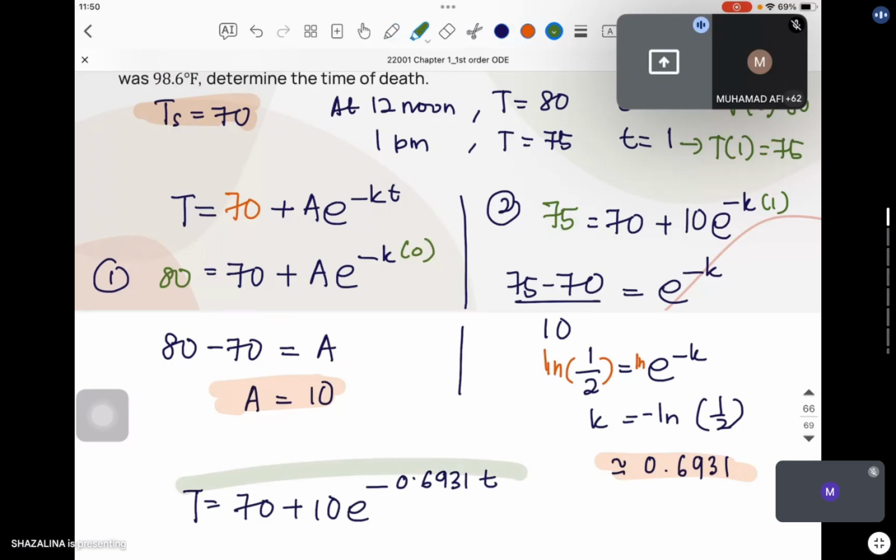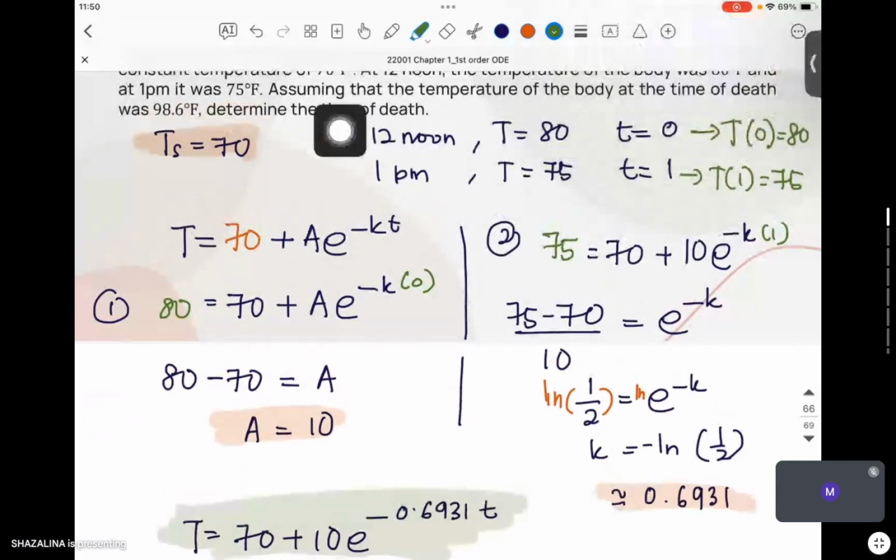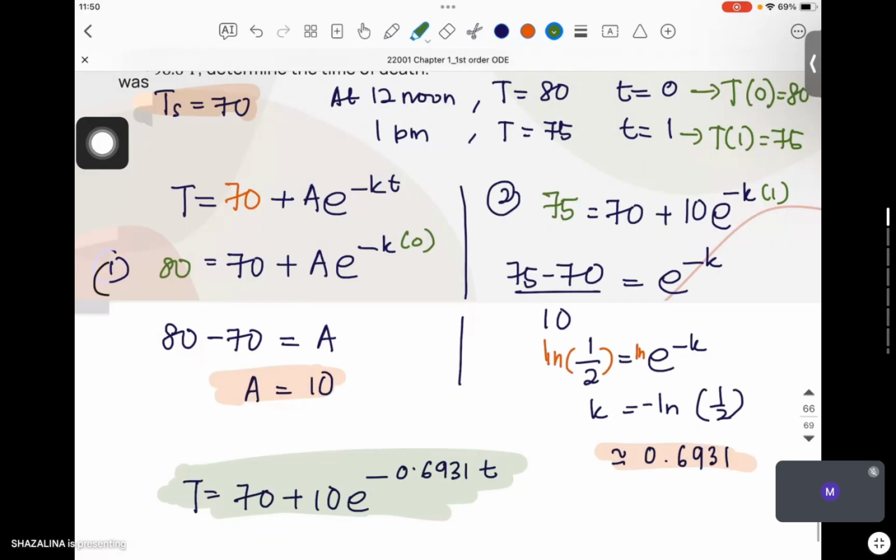We are going to use this equation to find the answer, ataupun time of death. Assuming the temperature of the body at the time of death was 98.6, so capital T is 98.6.